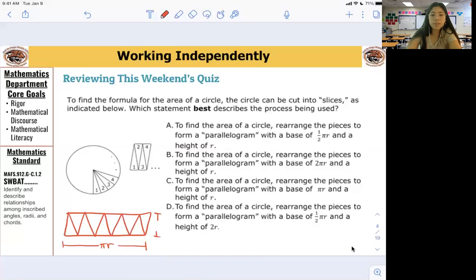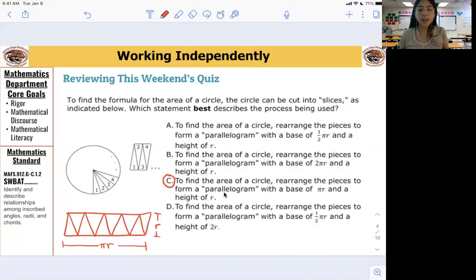R, just R. Exactly. We wrote it down. Well, you should have written it down because I talked about it during class and I told you to write it down. So if you wrote it down, this should have been a very easy question. But if you failed to do so and you didn't have it in your notes, then you're probably going to forget what it was. So very simple. Base is not 2 pi r, the base is pi r, and the height is r. It's answer choice C.